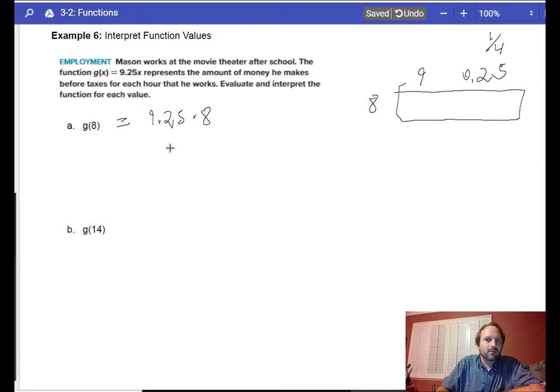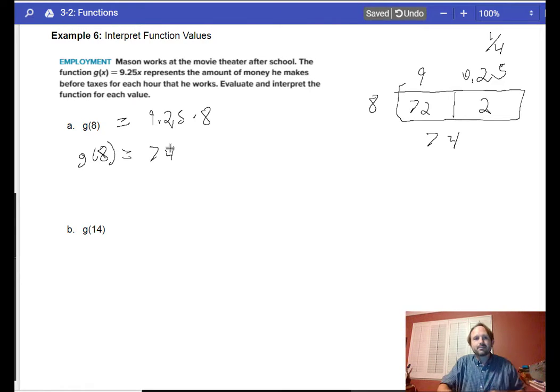Actually, 8 times a quarter. A quarter of 4 is 1. A quarter of 8 is 2. So 8 times a quarter is 2. Now 8 times 9 is 72. Now I can add these together and get 74. So g of 8 is equal to 74.